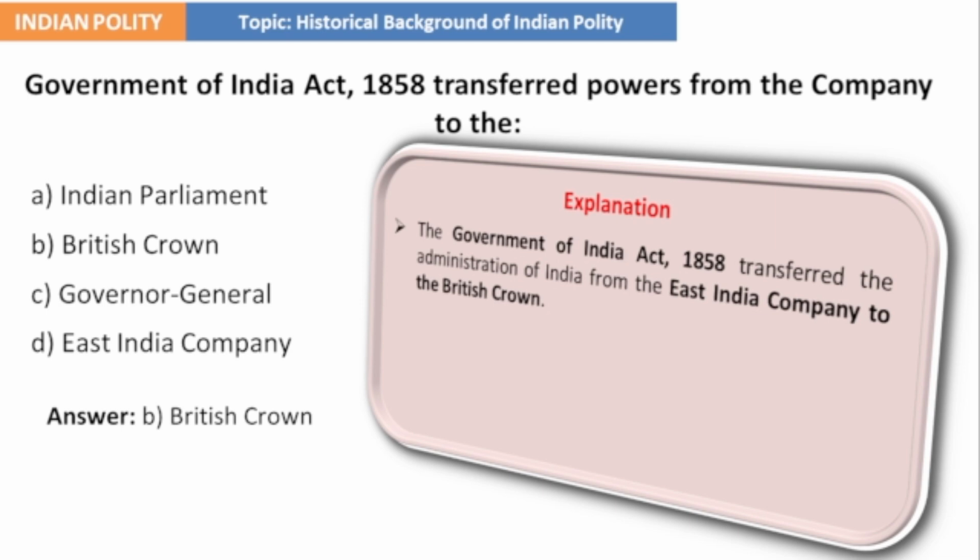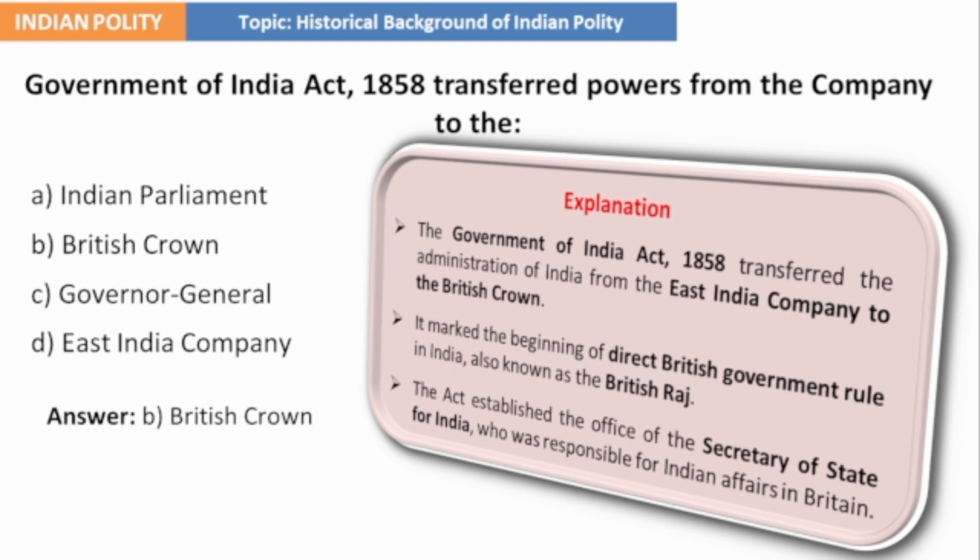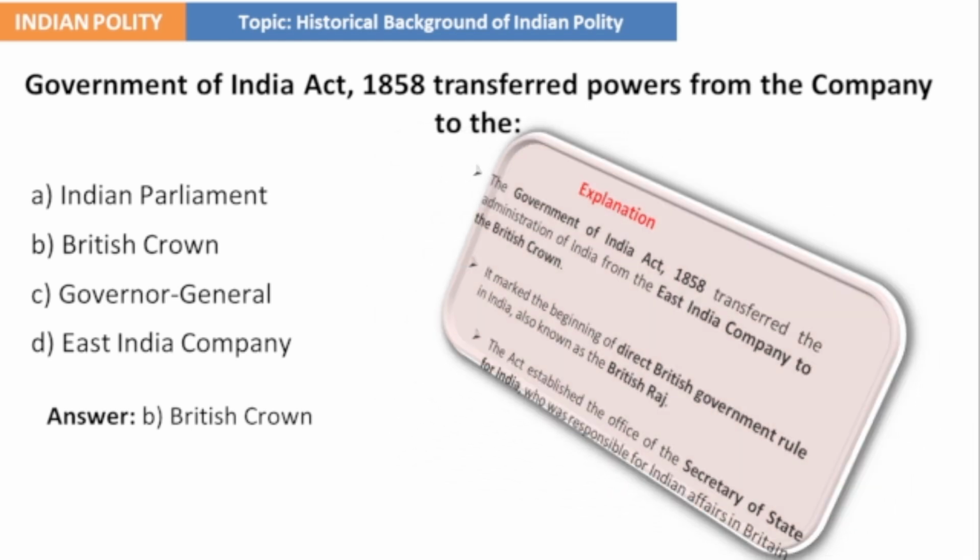The Government of India Act 1858 transferred the administration of India from the East India Company to the British Crown. It marked the beginning of direct British government rule in India, also known as British Raj. The Act established the office of Secretary of State for India, who was responsible for Indian affairs in Britain.